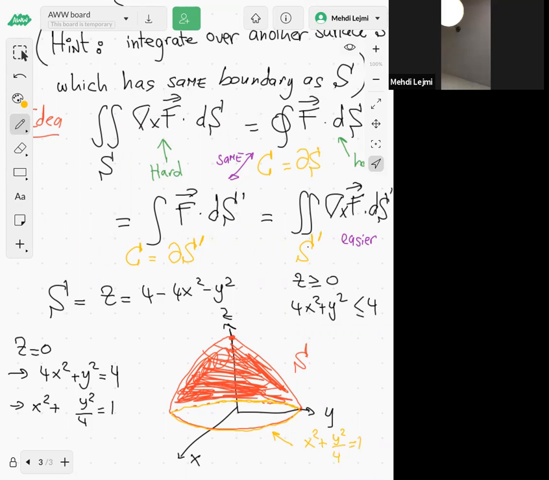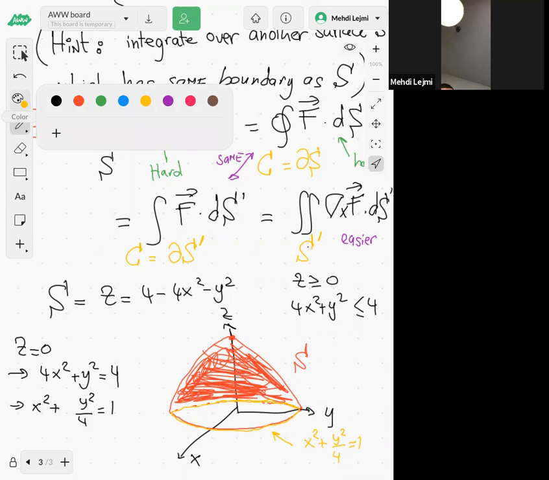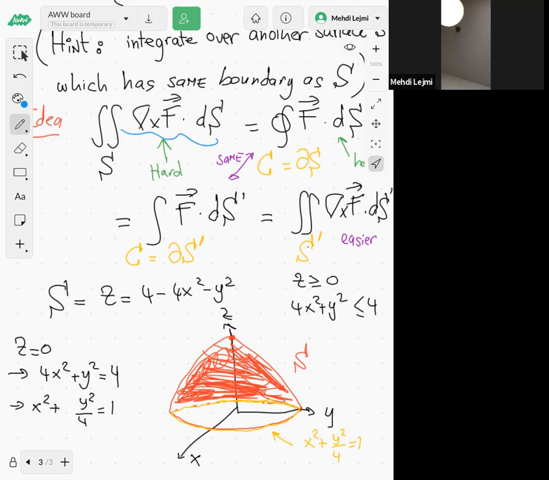As I said, if you want to integrate this curl of f along S, it is going to be very hard to evaluate. The same for the vector line integral along this ellipse, it is also going to be hard to compute. But the idea here is to take a different surface, S prime, which has the same boundary as S. So what would be the S prime in this case?